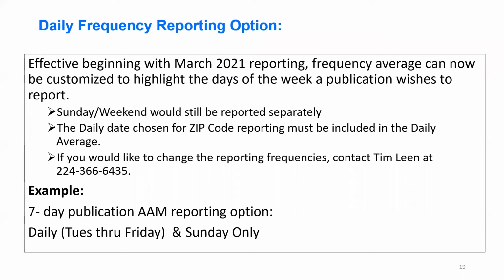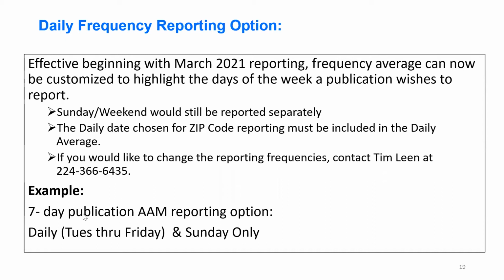Another change, actually it's not a change, it's an option for you that's going to affect March 2021 reporting: you can now customize your reporting frequencies. So what do I mean by that? Let's take a look at an example.